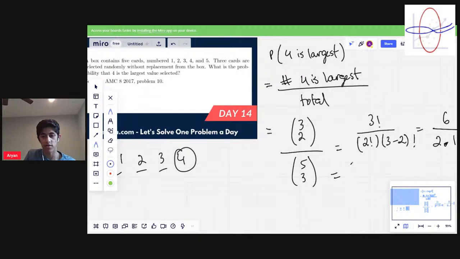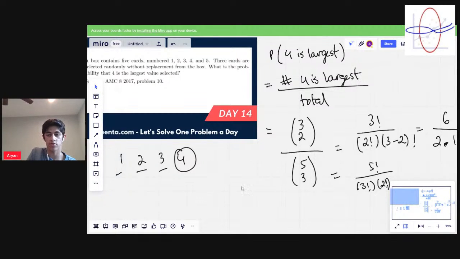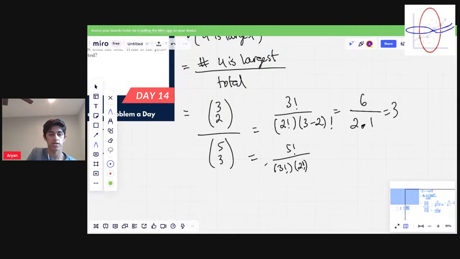And then same thing in the bottom, 5 choose 3, that's just 5 factorial divided by 3 factorial times 2 factorial, right? 5 minus 3, so 2 factorial. If we write this out in product form, so we can kind of see what we're looking at, 3 times 2 times 1 times 2 times 1.